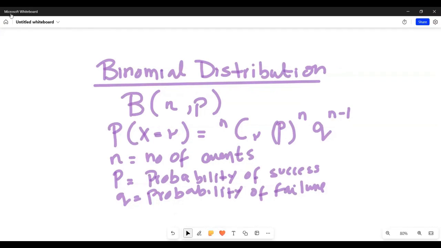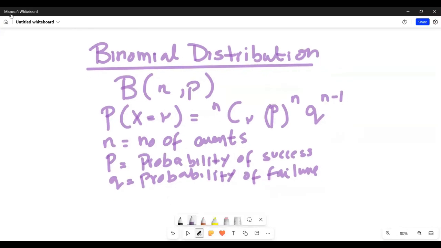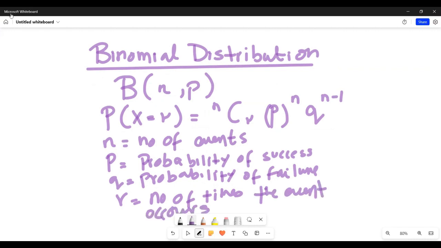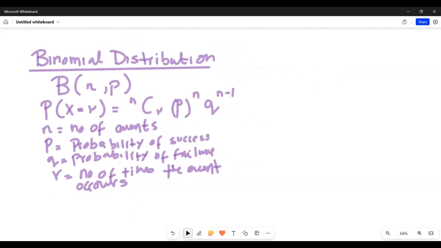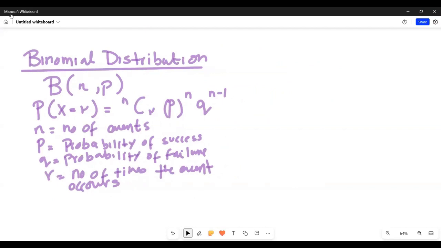And r is the number of times an event should occur. Okay, these are all details about finding the probability when the distribution is binomial.